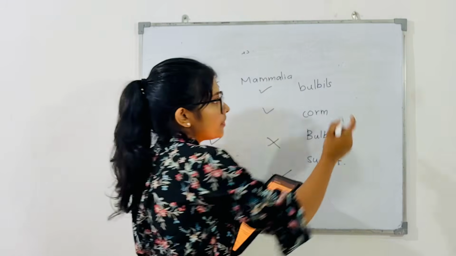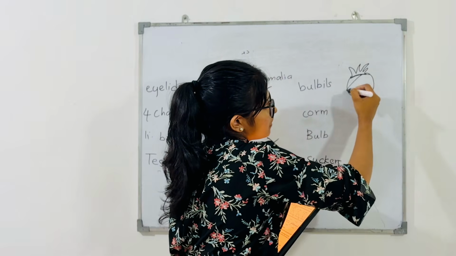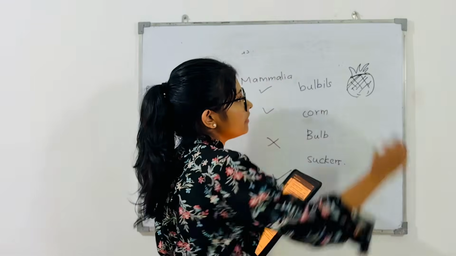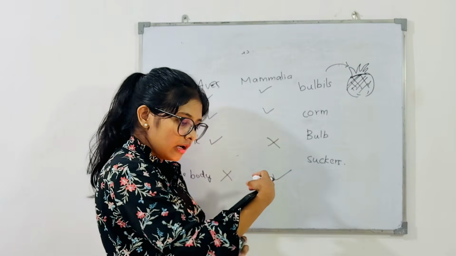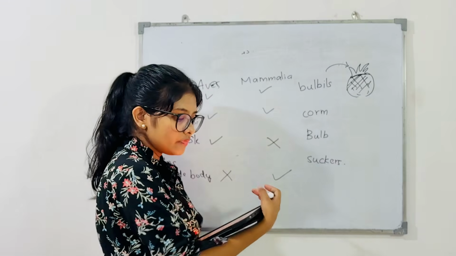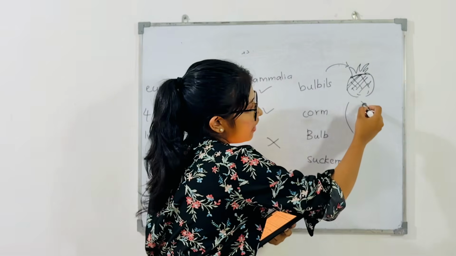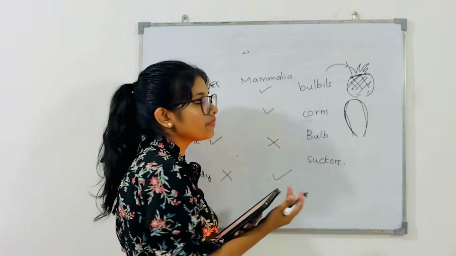So bulbils means you have seen these bulbils of pineapple. We call this the bulbils, and they are a part of a flower bud or a modification of a vegetative bud. Cone means alocasia, colocasia, like this. The stem is like this.